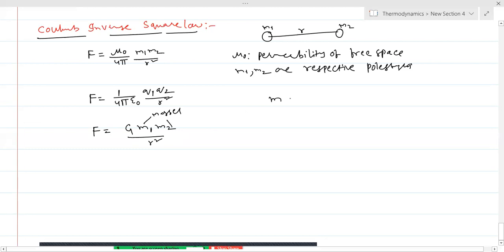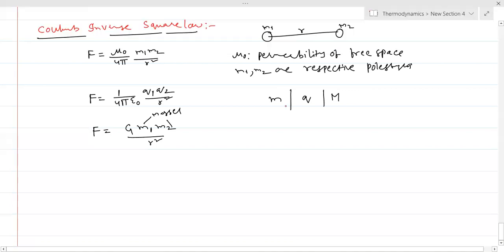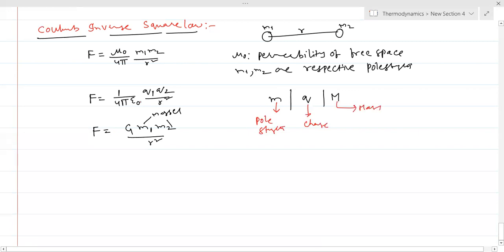Instead of pole strength, in some other topic we will take some charge, and instead of that we are taking mass. That is the only difference. Small m means we are taking pole strength, small q means this is the charge, and capital M means this is the mass.